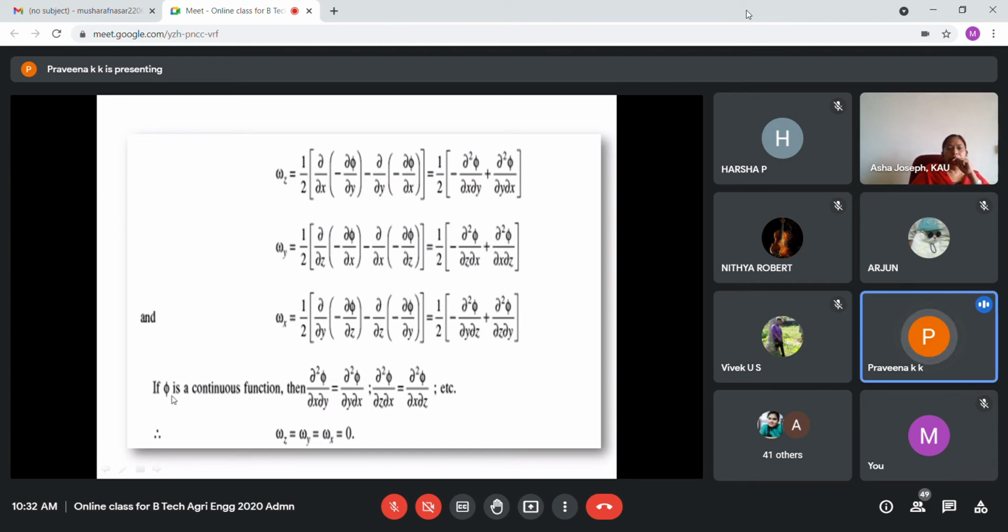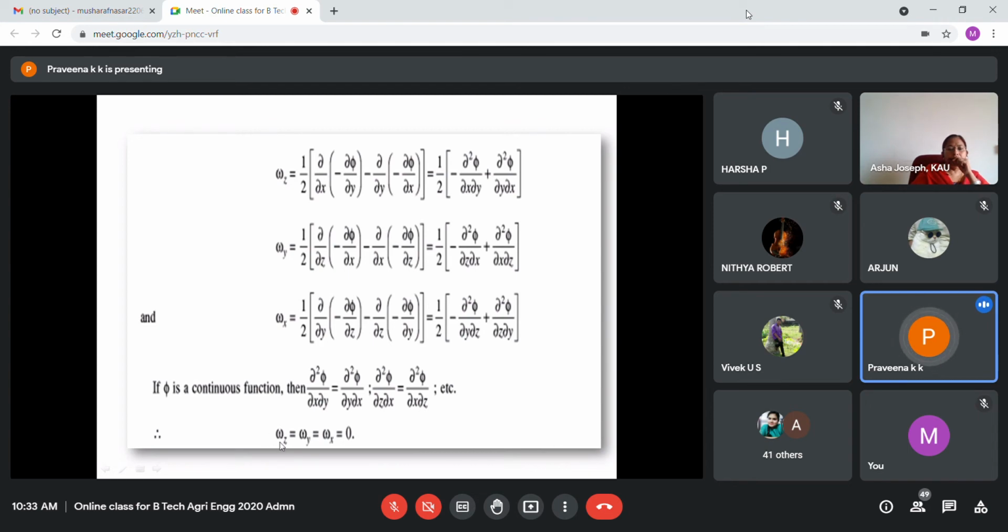If phi is a continuous function, therefore omega z, omega y and omega x will be equal to 0, because dou square phi by dou x dou y will be equal to dou square phi by dou y dou x, and dou square phi by dou z dou x will be equal to dou square phi by dou x dou z.